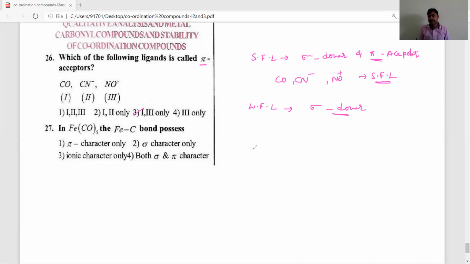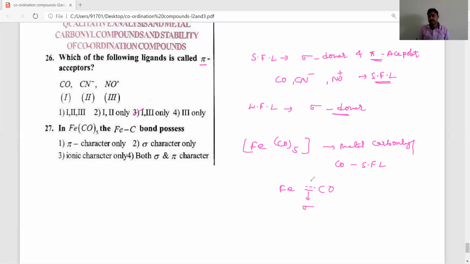Now this is Fe(CO)5. It is a metal carbonyl, and CO is a strong field ligand. That's why between iron and carbon, partial double bond character is formed.